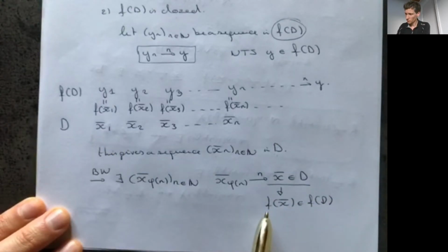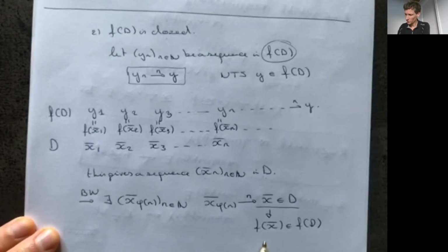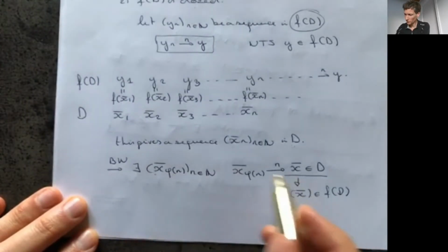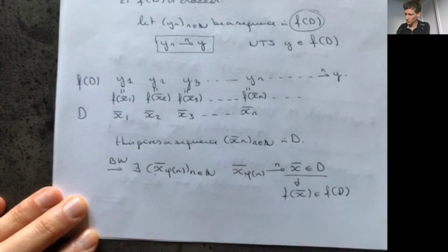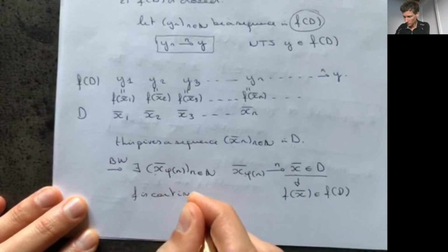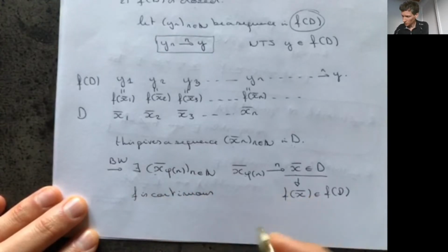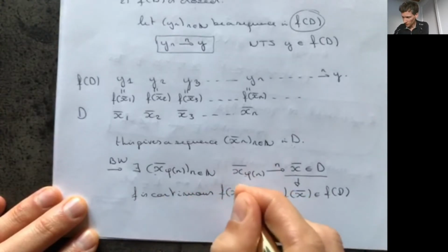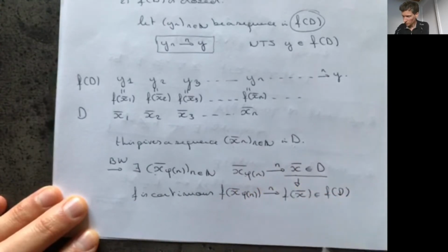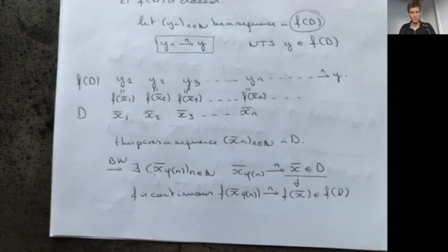So what's the idea? Well, the idea is the following. You know that x_phi(n) converges to x, and because f is continuous, this means that f of x_phi(n) converges to f of x.